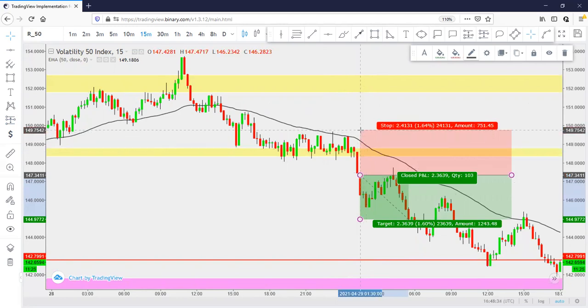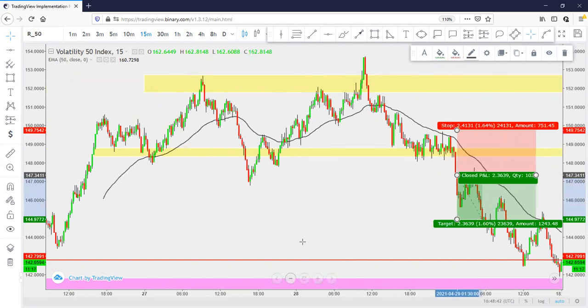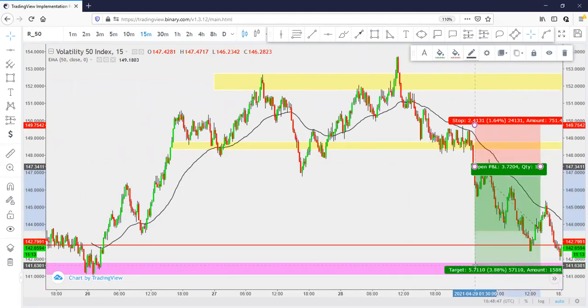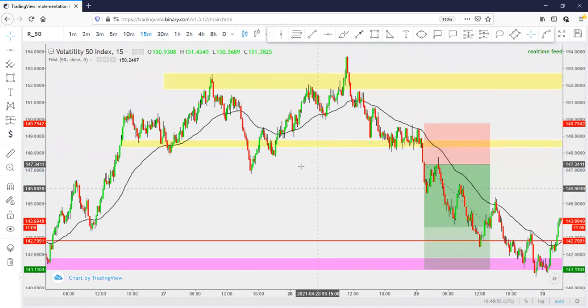Your stop loss is above the structure and your take profit should be at this key area here, based on the higher time frame, the 4-hour time frame. That is entry number 1.